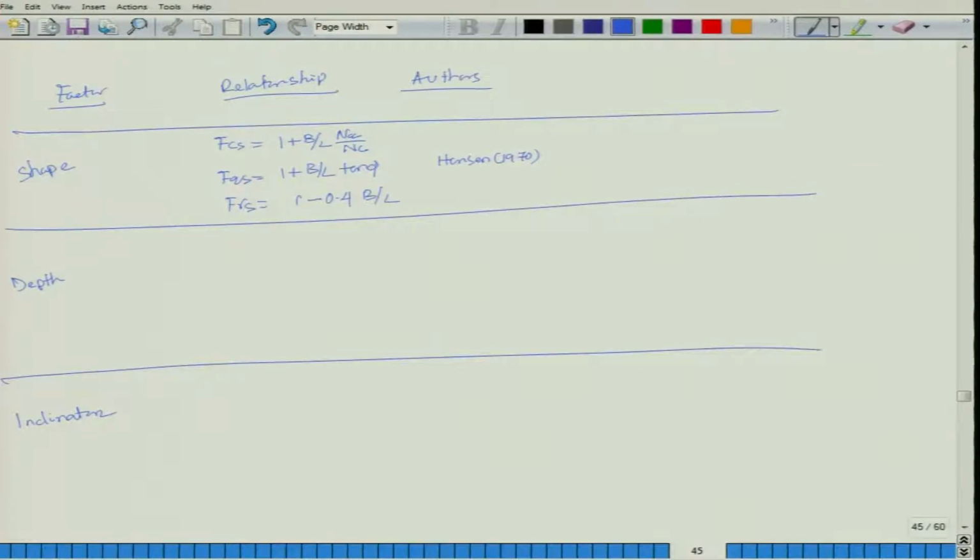Then the depth factors, again given by Hansen 1970.